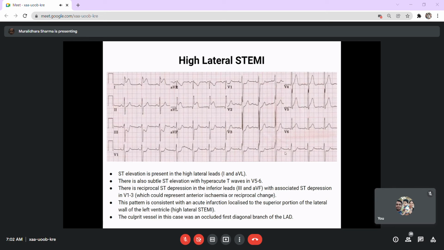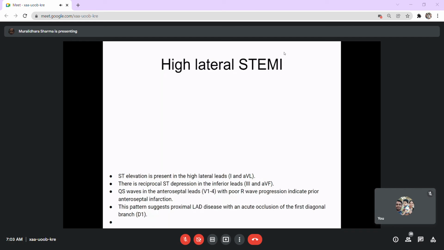It's not that the chest leads are free, but when you see the maximum changes in lead 1 to AVL and some changes in the T waves of the precordial leads, that's considered a lateral STEMI. I don't say that the patient is safe, but comparatively you will have more time to plan the treatment. There may not be an immediate risk of death in such conditions.